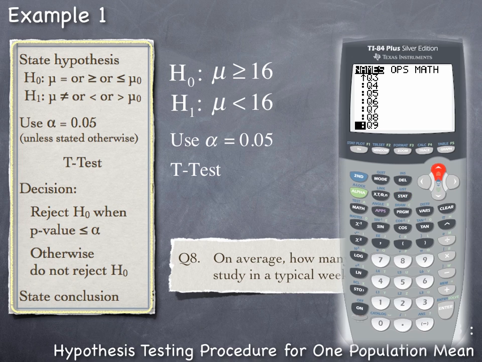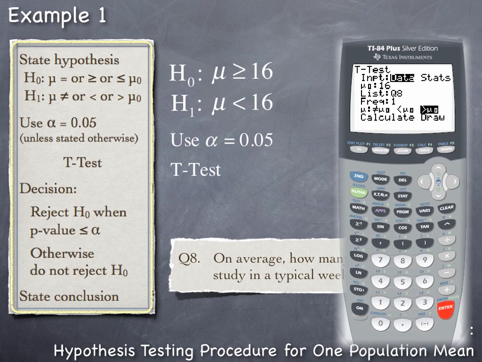I use my arrow to move the cursor next to Q8 for question 8, hours studied, and press enter to select. Frequency is 1 because each of these hours studied came from one student. Down arrow. H1 has the condition of less than, so I arrow over to less than, press enter to select, and then down arrow to calculate.